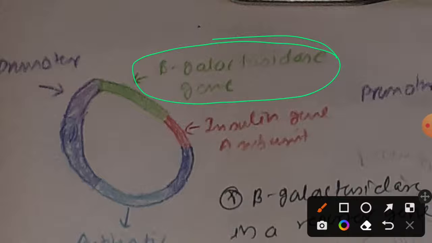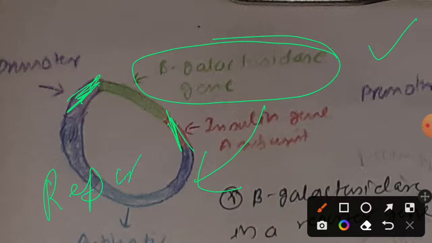It will be placed beside the insulin A subunit, and in the other system beside the insulin B subunit, just adjacent to the promoter. So what is the need for it? The idea is that the beta galactosidase gene here will act as a reporter gene. You know, reporter gene means what?